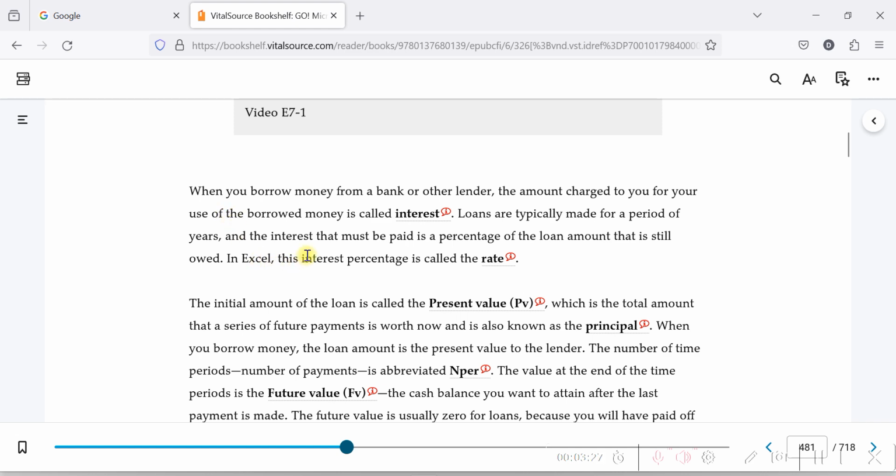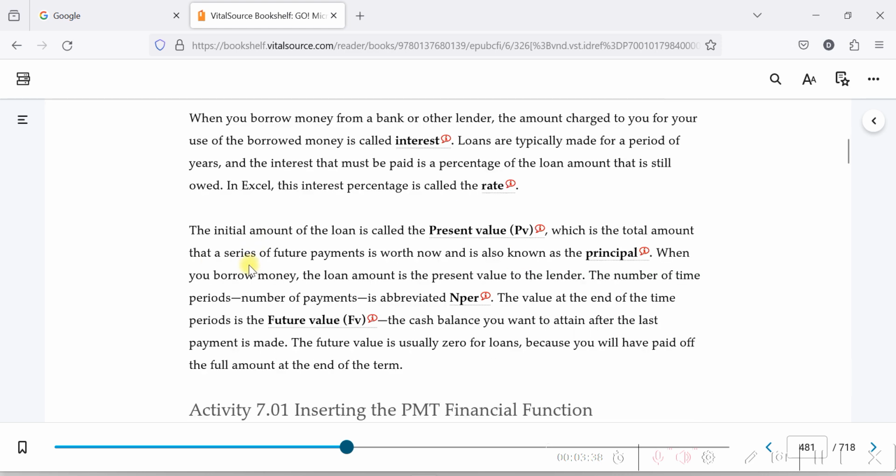Okay. Anytime it costs money to borrow money, no kidding, that cost is called interest. And loans are typically made for a period of years, and the interest must be paid as a percentage of the loan amount that is still owed. And this is called the rate. The amount of the loan, that amount that you first borrow, is called PV or present value. You'll probably hear me slip into a couple of other terms, but I'll try to be as consistent as I can.